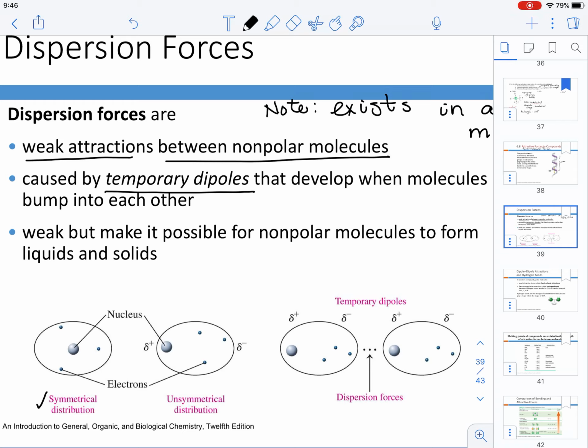So at some point, the movement of the electrons is going to create an unsymmetrical distribution in which the electrons polarize to one side of the atom, creating a temporary dipole.